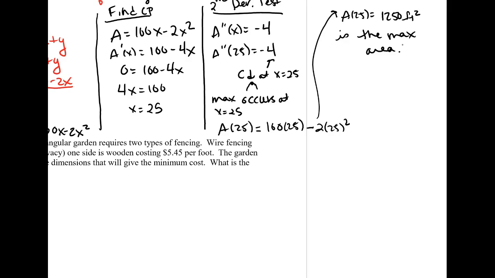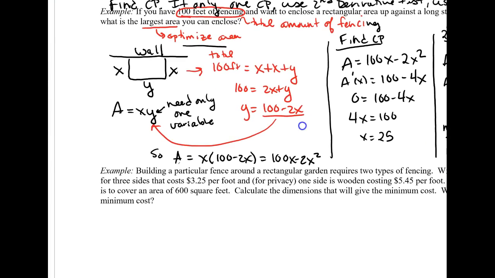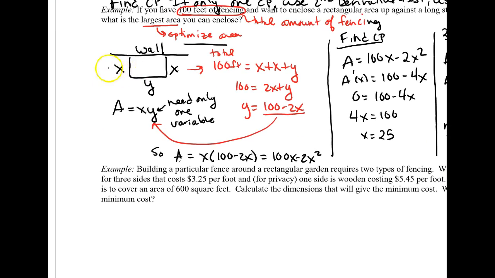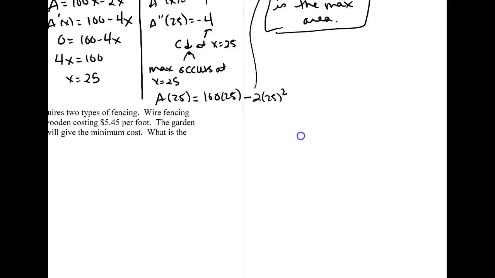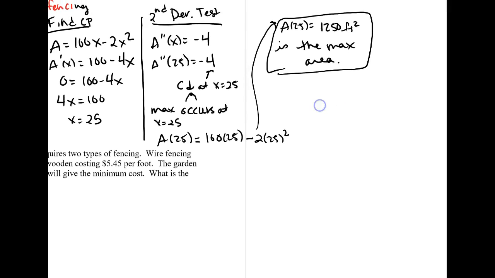Now be careful, because this is the answer to the problem, so we're done. A variation on this kind of problem would be, well, what are the dimensions? That means what were x and y? We know x is 25. So what about the dimensions?